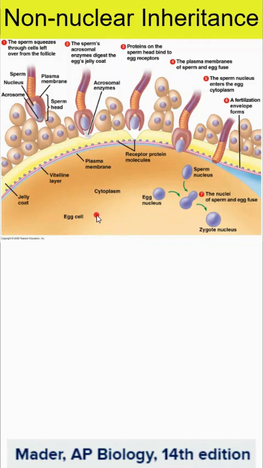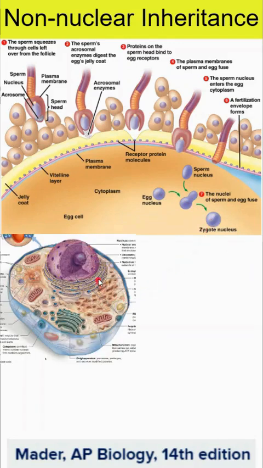When we look at fertilization, it's important to understand that the only thing the sperm contributes is nuclear material. It's only the chromosomes from dad that get passed on to the child. Mom contributes the entire rest of the cell, as well as fusing into the zygote nucleus. So dad contributes half of the nucleus, but mom contributes everything else, especially mitochondria.